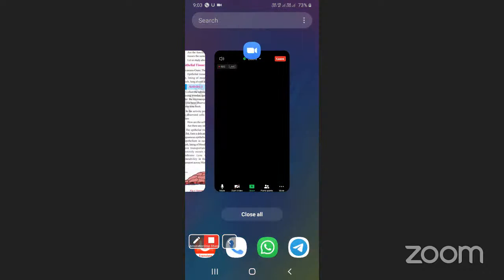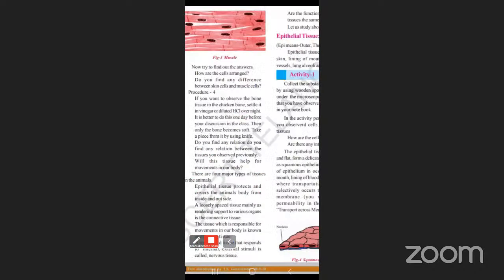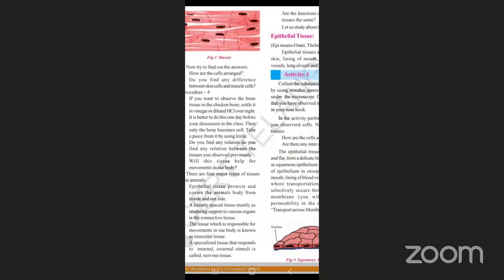Now the last tissue is nervous tissue, which responds to internal and external stimuli. A stimulus is nothing but a change.